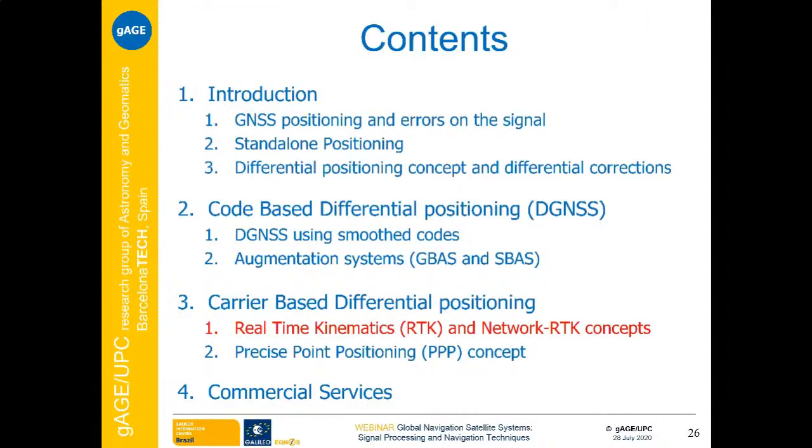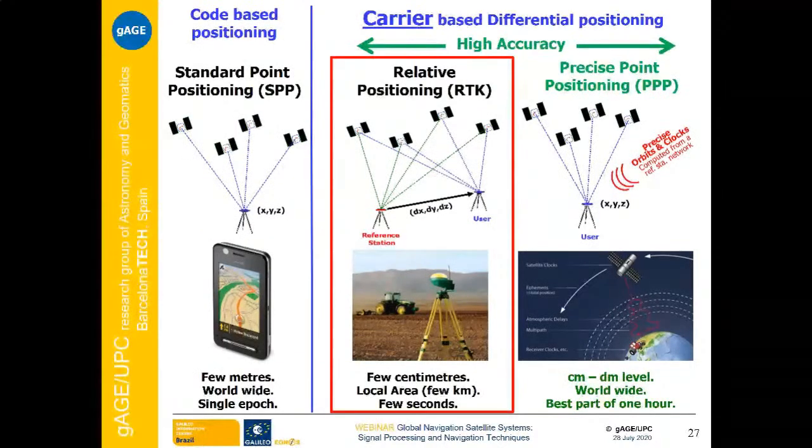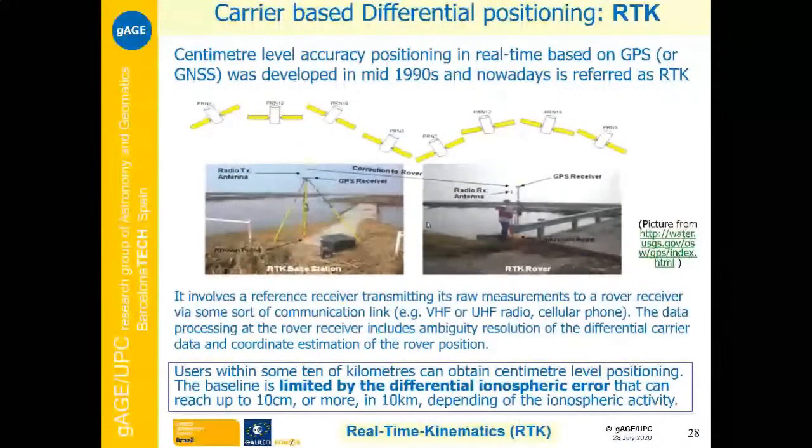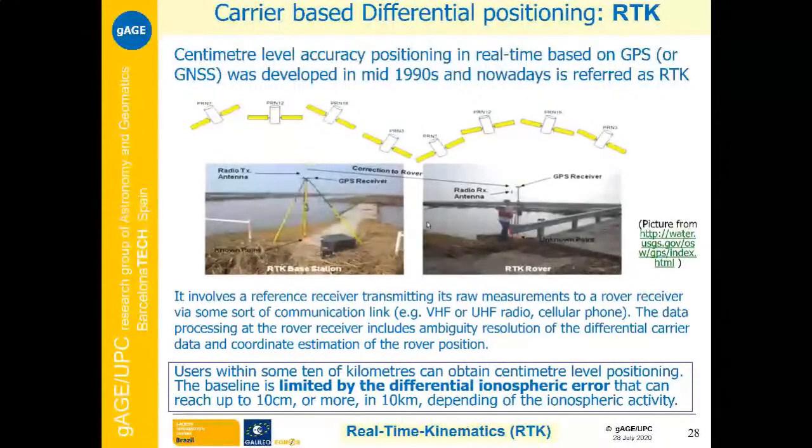Okay, let's go to the first case, RTK, real-time kinematic, the relative positioning. The idea is very simple. What we need is a reference station and a user receiver, and the reference station, using a radio link, sends the measurements to the user receiver, and the user receiver combines its own measurements with the measurements from the reference station and computes the user solution.